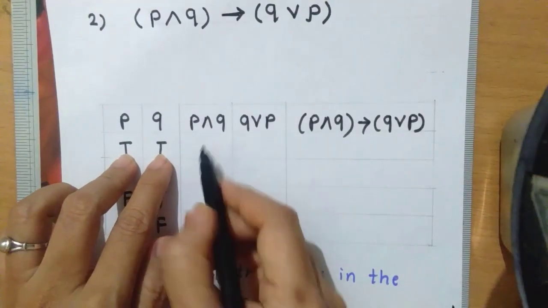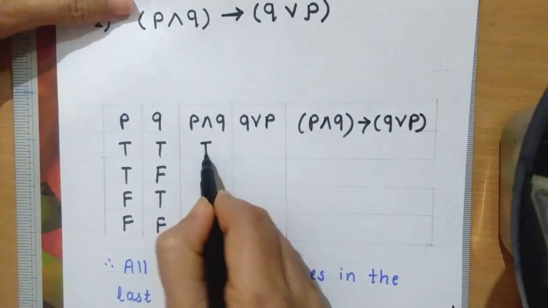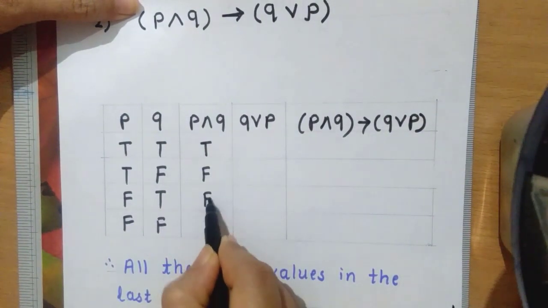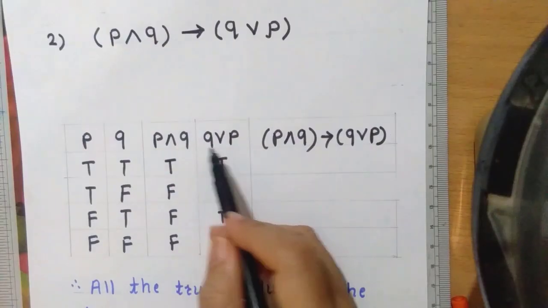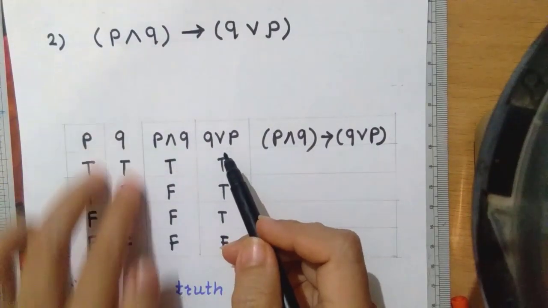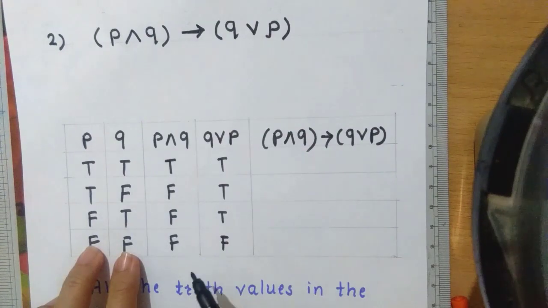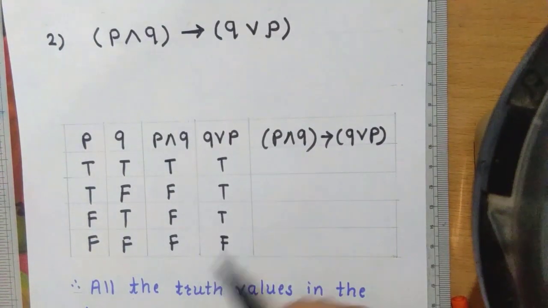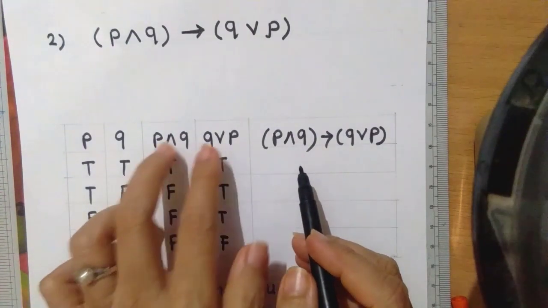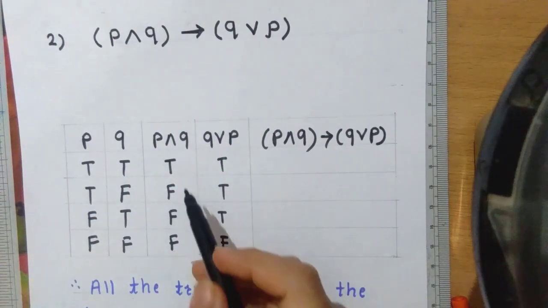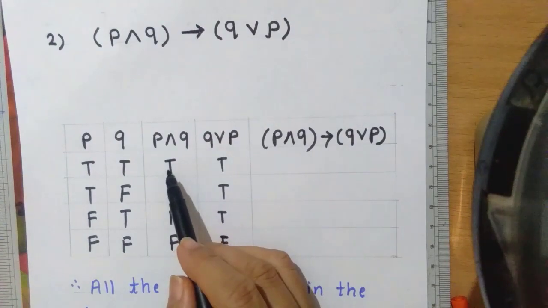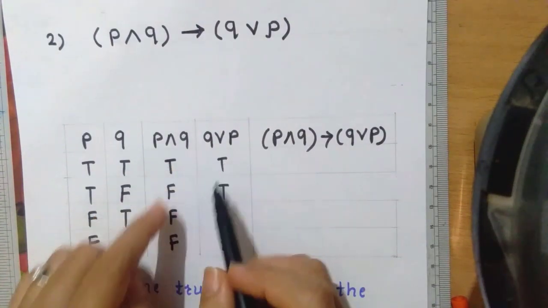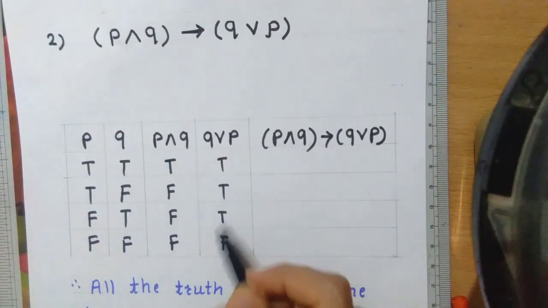The rule of conjunction is if both are T, then write down T, otherwise F. Q disjunction P means disjunction between these two columns. If both are F, then F, otherwise it is T. And in the last, implication between these two. The rule of implication is if first one T, second one F, then only F. So check TF, not there, TF, TF not there.